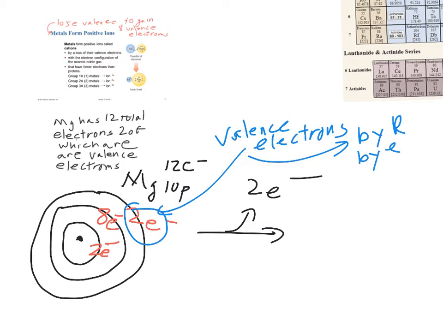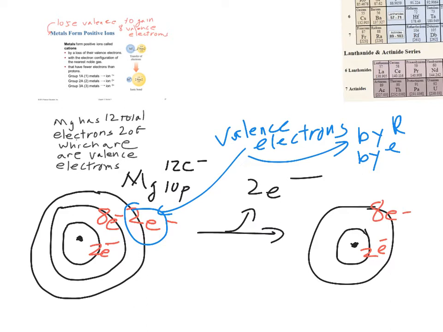And when they leave, look what happens to the electron arrangement of magnesium. That means that magnesium still has the 2 electrons in the inner level, and it still has 8 electrons in its second energy level, but its second energy level is now its highest energy level. Why?